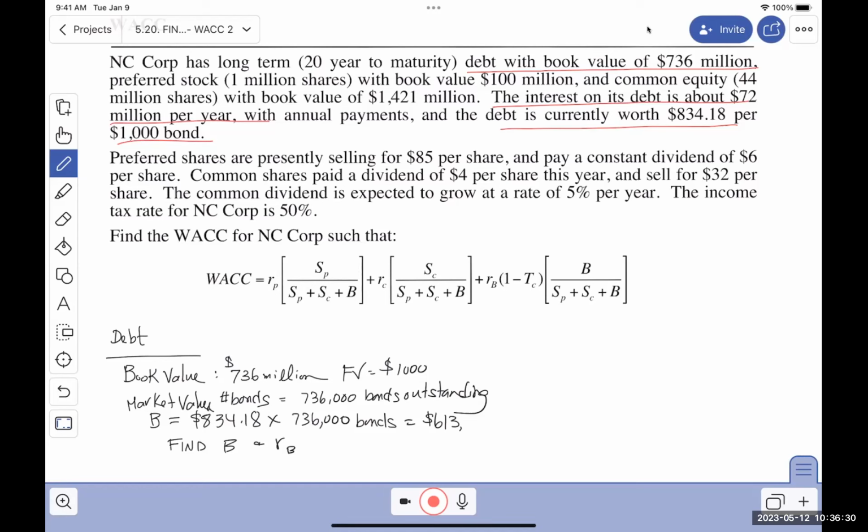That uses yield to maturity. So I have B, so I figured out this. Now RB. How do I get RB? There's not a lot of information left there, so use what you have. What do you have there to find RB?